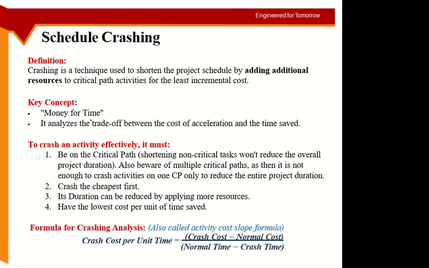Okay, and yes, you need to select an activity which can be reduced, okay, which can be compressed. So, for example, let's say I have to finish the installation of the ACs, okay, and the minimum time for installation of all the ACs is 2 days, and the person who is doing it has already written 2 days in the schedule.